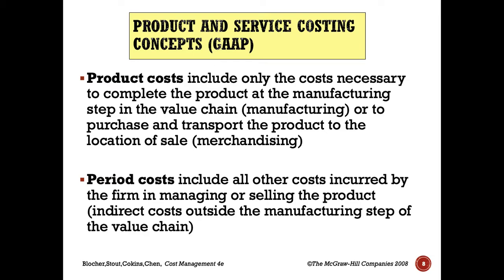And then period costs include all other costs incurred by the firm in managing or selling the product, which is indirect costs outside the manufacturing step of the value chain.